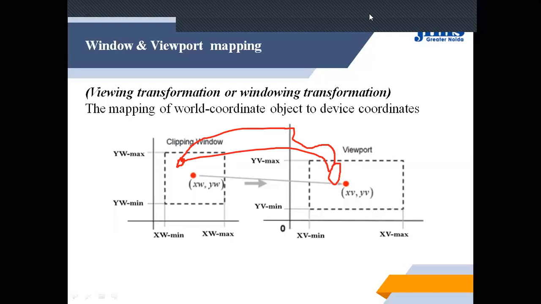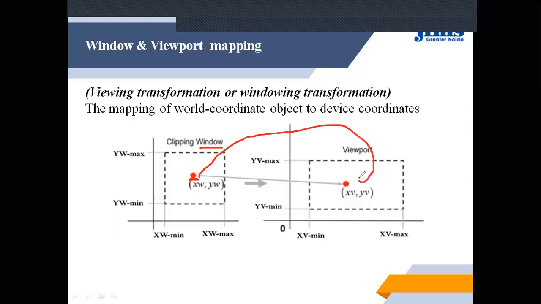So we are not concerned about the complete image. What will be given in the exam is a point that will be given in the window, and we have to map that point to the viewport by finding the corresponding point xv and yv.